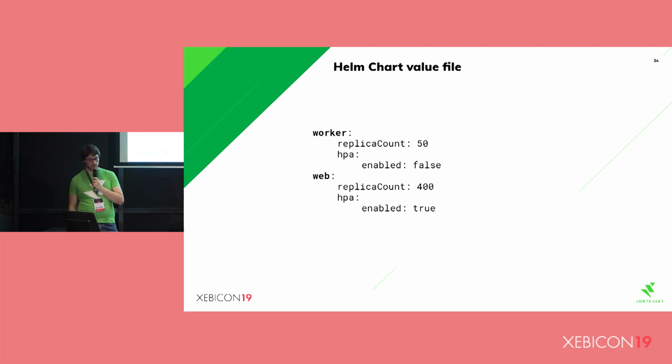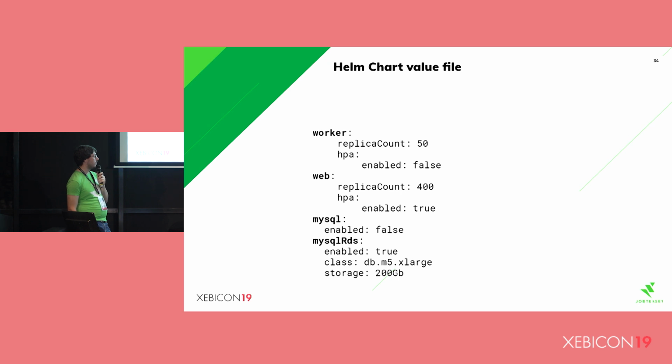You put your worker count, your web count, you disable the MySQL running in Kubernetes, and then you need to have something to trigger the MySQL on RDS, specifying the class that you want, the storage that you want, and whatever other configuration is available to use in Amazon. So how did we achieve that?